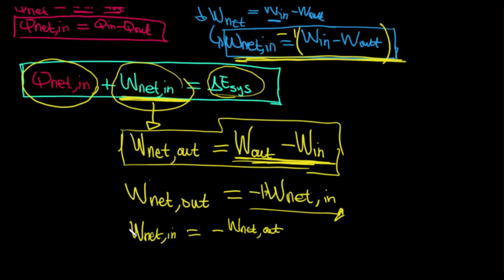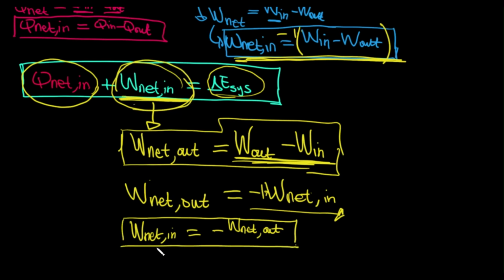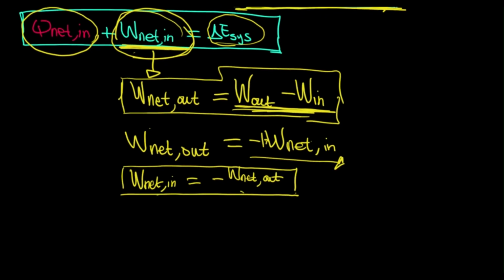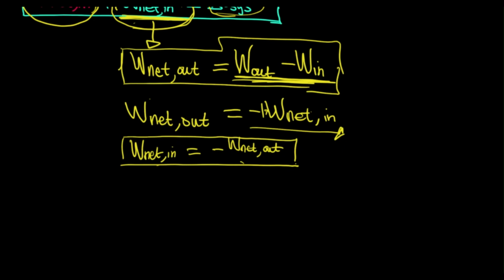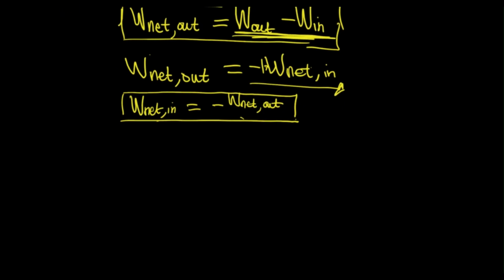With this, we can rewrite our work net in terms of work net out, because we are interested in the work we are extracting from the system. Heat being supplied, we are supplying heat, that's okay.